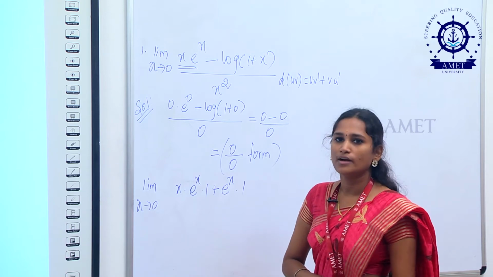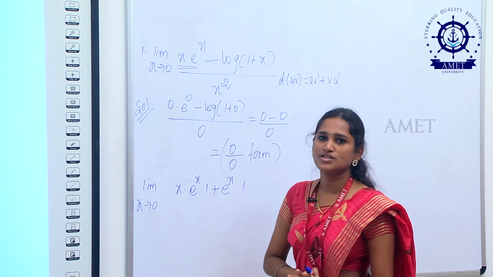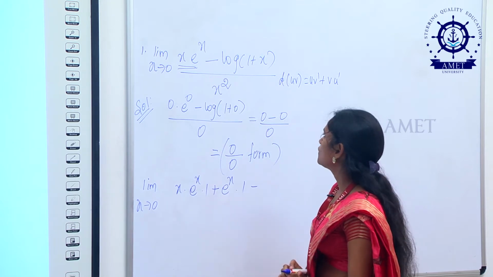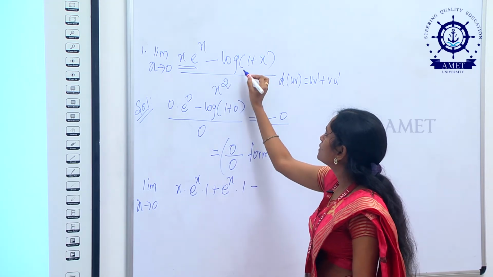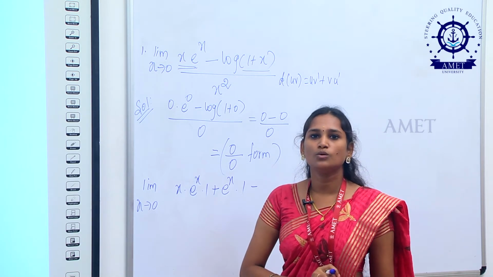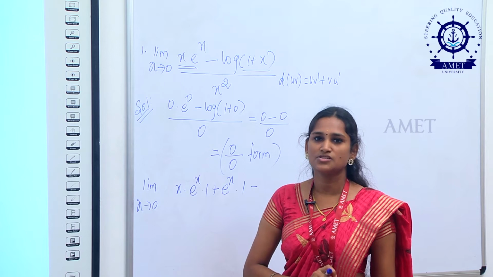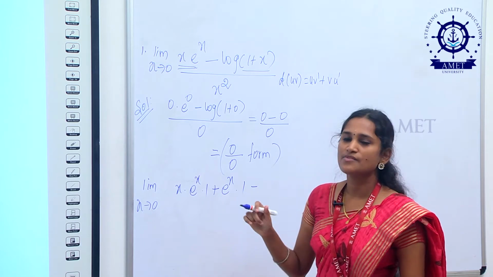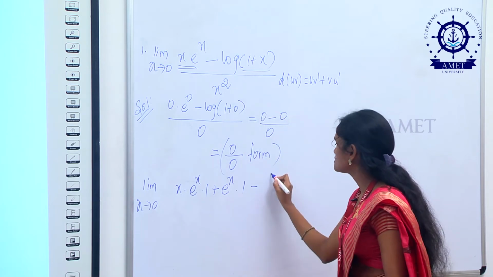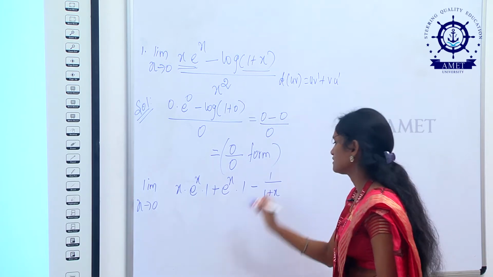So e^x into 1. The first part differentiation is over. The second part is a negative term, minus log of the whole function. We already know that the derivative of log x is 1 by x. Here we consider x as 1 plus x, so the derivative of log(1 + x) is 1 by (1 + x).